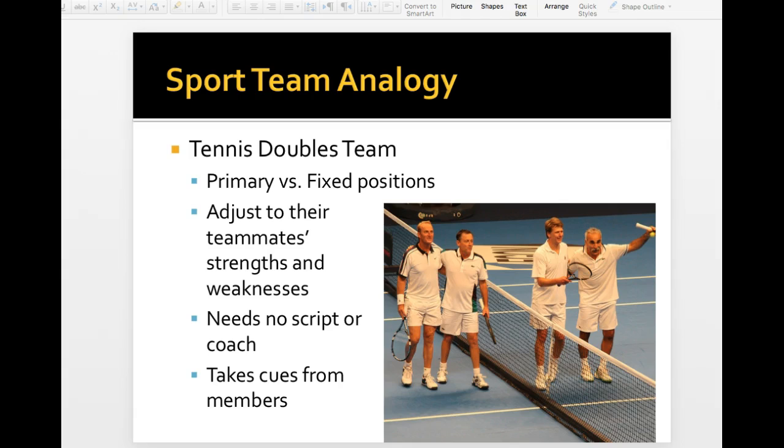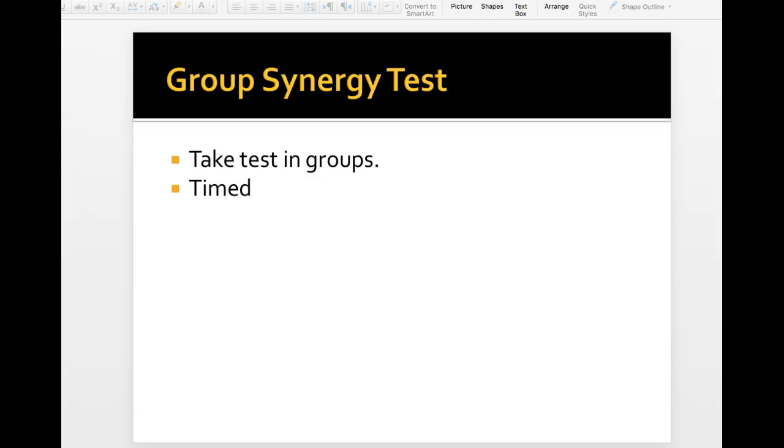Okay, what you're going to do now is engage in a group synergy test. So you're going to get into your groups and I'm going to give you a series of questions that speak to all sorts of skill, logic, a little bit of math, a little bit of creativity, and we're going to see how many your group can get right, drawing upon the deep diversity of skills that you have together as a group. The test is timed, so you will have 20 minutes to take the test, and then it will be scored.